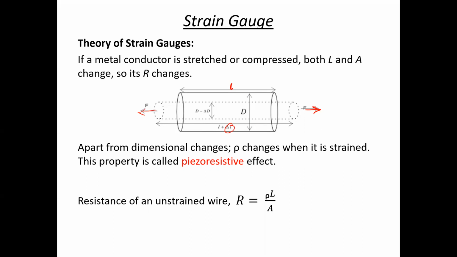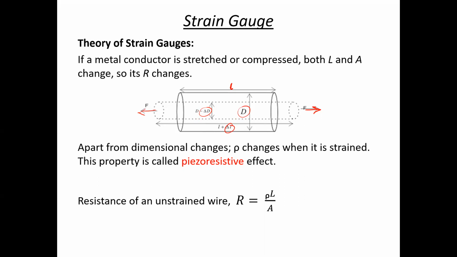So the lateral strain can be considered negative because the diameter is decreasing. If d is the initial diameter, then after the stress is applied, the diameter can be represented as d minus delta d, where delta d is the change in the diameter.